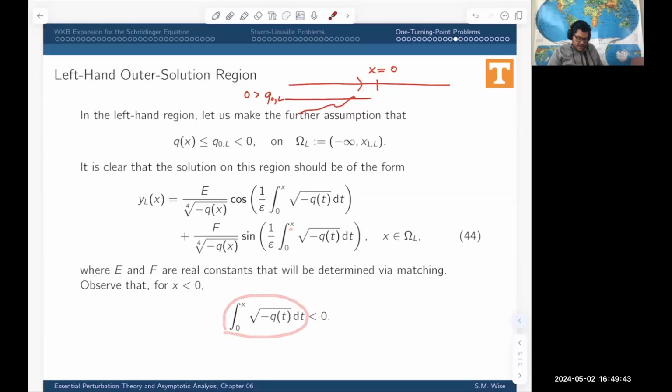Let me make sure I don't mix myself up, but this statement is correct and true. It's negative, and it's getting even more negative as x gets more and more negative.